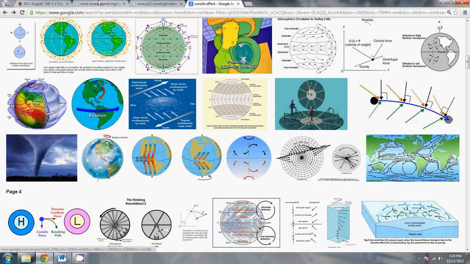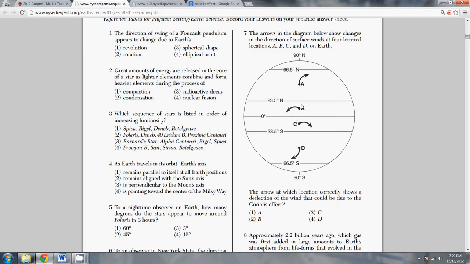So if we go back to our question, we have to look at everything. Now, they try to trip you up because you're like, oh, look, D is pointing left. That might be right, but it's not. If you look at the perspective of the direction D is going, it's actually going to the right. If you look at the perspective of the direction C is going, it's going to the right.